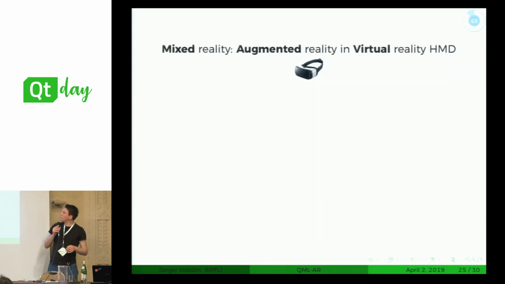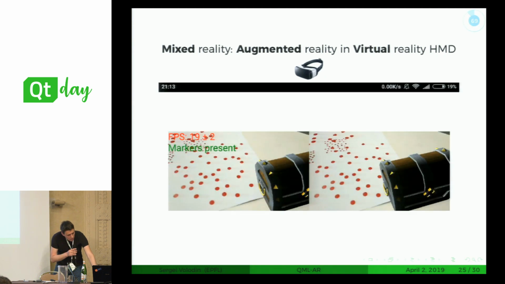Okay, and we also try to extend it by going into mixed reality. So it's quite easy to implement, actually. What we need is just 2 viewpoints in Qt3D, in a bit different positions for each of them, and then we combine them on a single item.